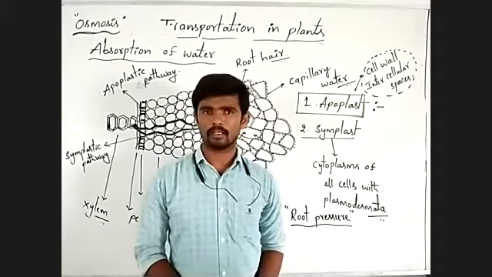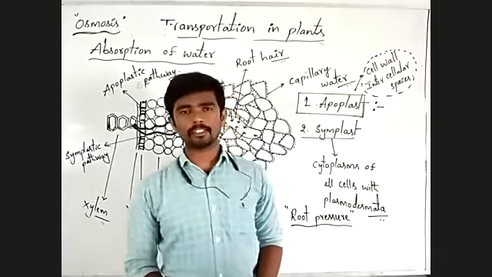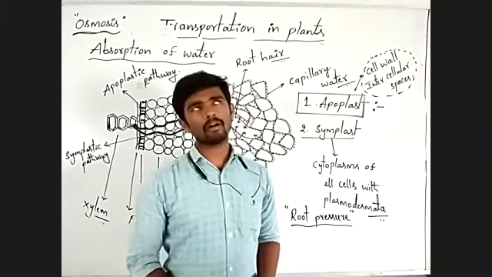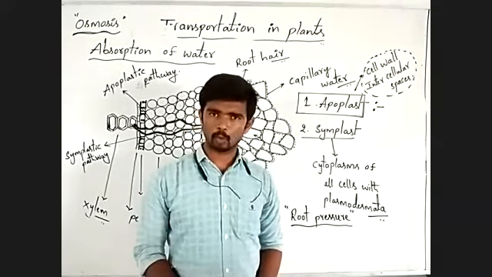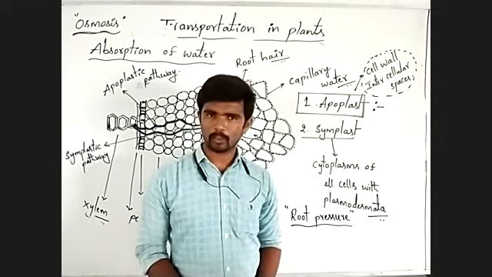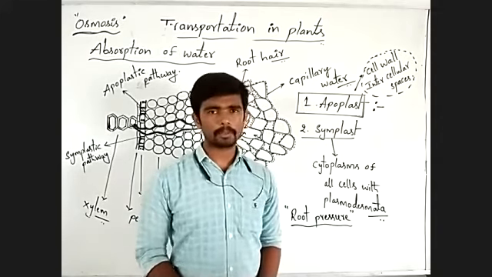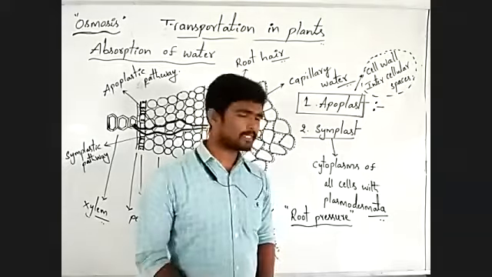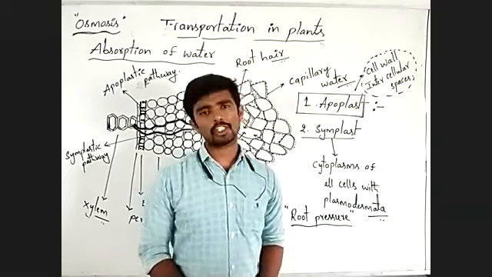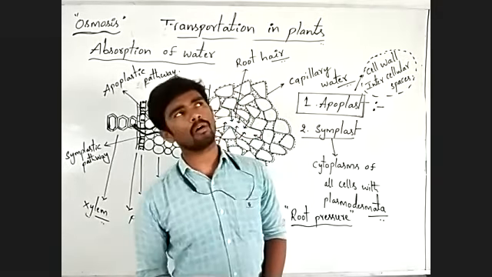But in large plants, in tall plants, for example eucalyptus, redwood trees, root pressure cannot translocate the water to long distances.